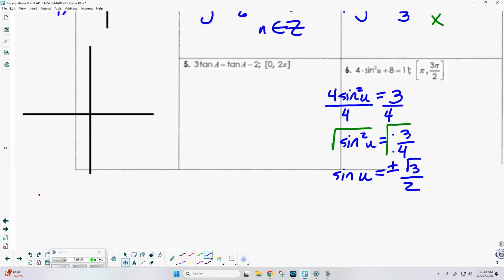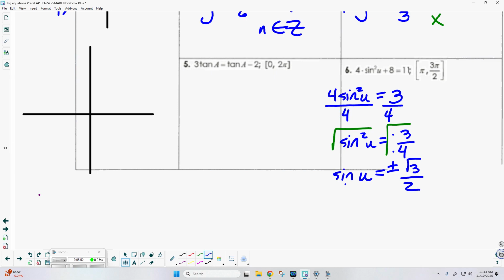So there's what I did. You've got to isolate your trig function, so I've got it down. Sine of u is all by itself. It's equal to some value. This is where I turn to the coordinate plane. All students take calculus. Well, you'll notice on this one, it's both positive and negative. So let's break it apart. Where is sine positive?